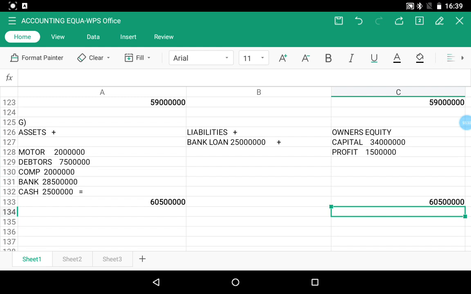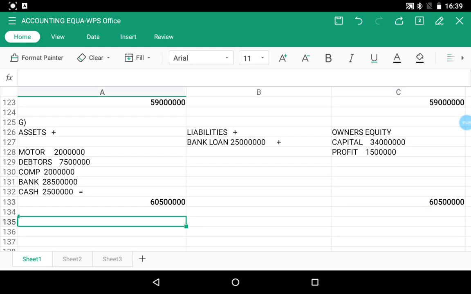So here on part H, he withdrew 2 million to pay rent for his personal house. So it will affect bank.